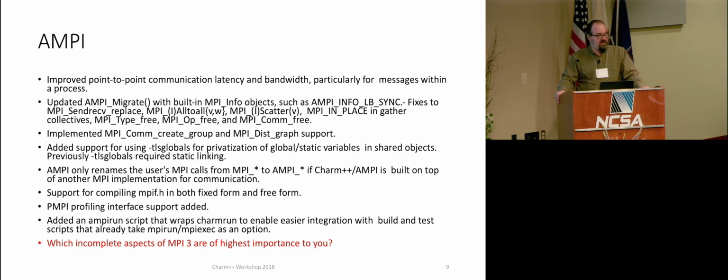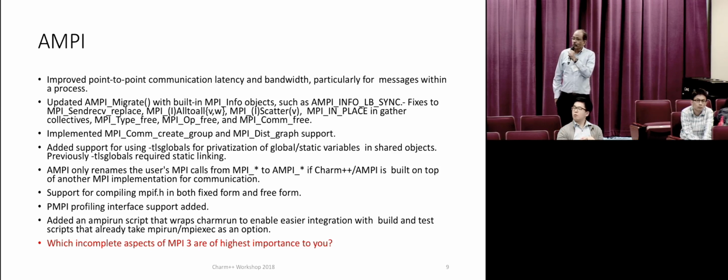So we're soliciting feedback on what else in MPI 3 we have some shortfall in, where you are interested in us focusing our efforts. How many people here have used AMPI other than PPL students?